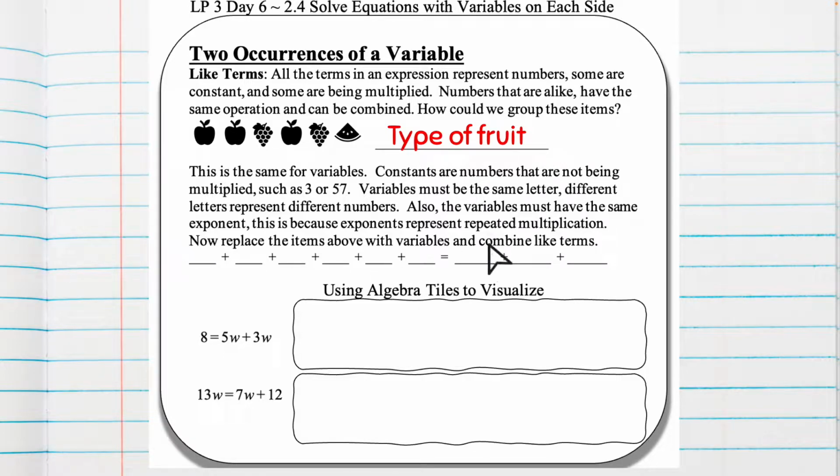All right, so now we're going to replace the items above with variables and combine like terms. Instead of apple, grape, watermelon, I'm just going to give them variables. You can use any symbol you would like. We very often use letters as variables. It's pretty common to see something along these lines, like A for apple, G for grape, W for watermelon.